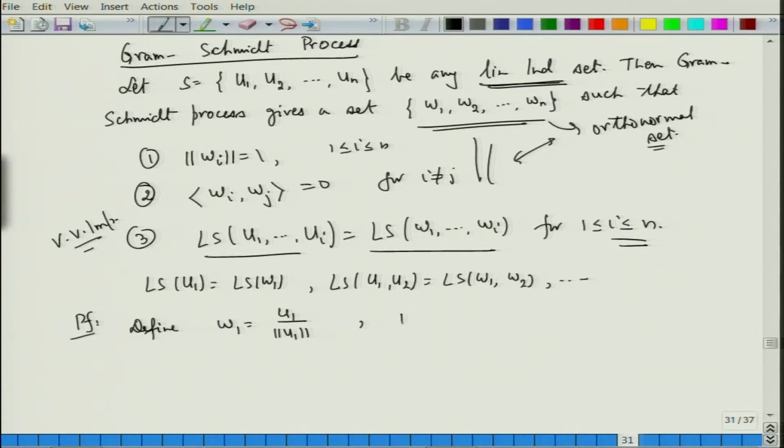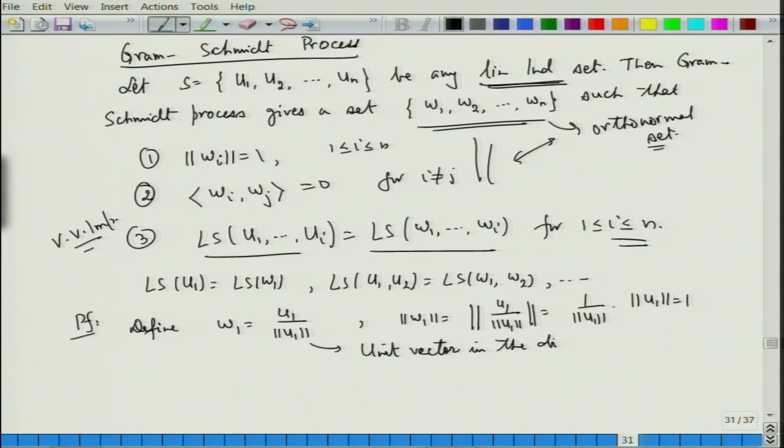You can see that length of W1 is nothing but the length of U1 upon length of U1, which is 1 upon length of U1 into length of U1, which is 1. All right. So, this is basically the unit vector in the direction of U1.